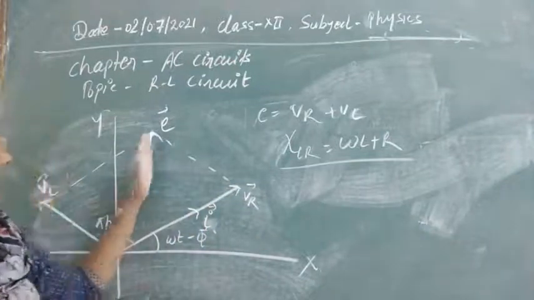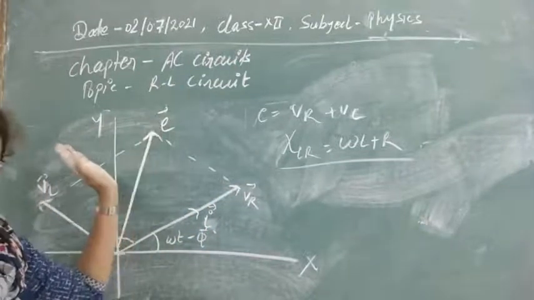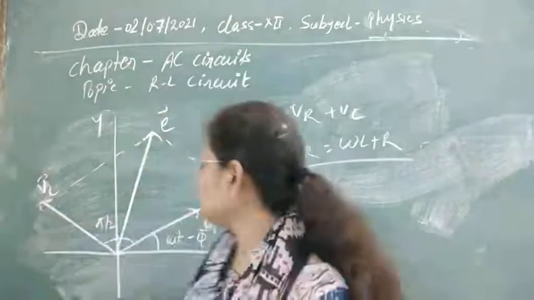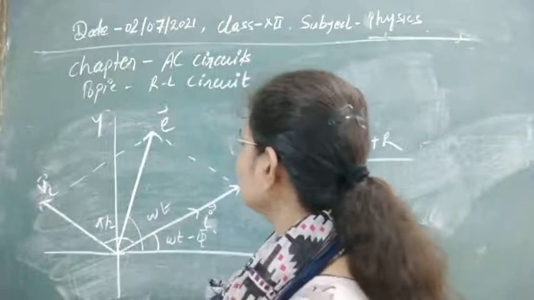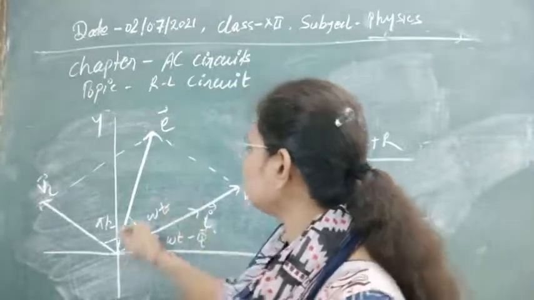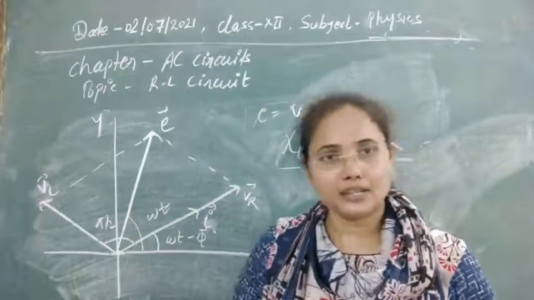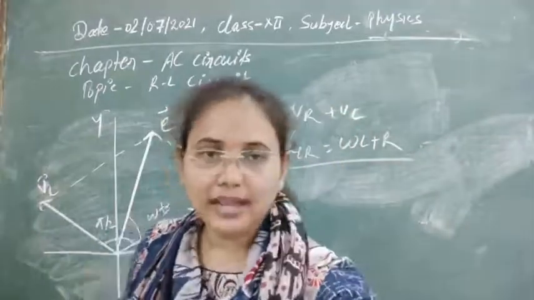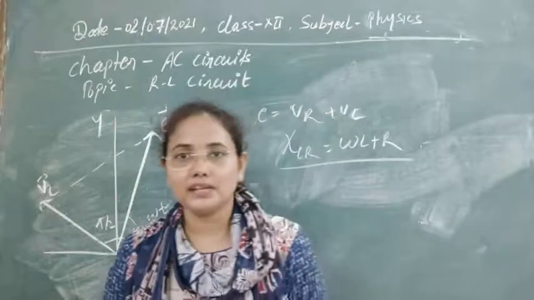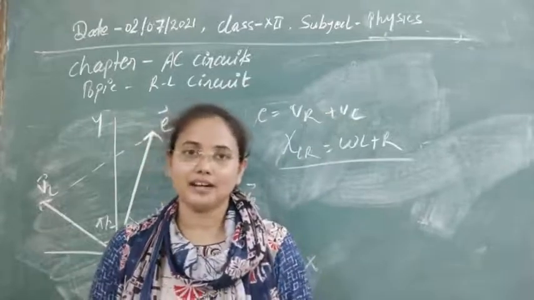Its resultant we can find out in this direction, and the angle it makes is omega t. So this is the phasor diagram representing the whole situation. Now students, I think all the topics are clear, so let's end our chapter and topics here.